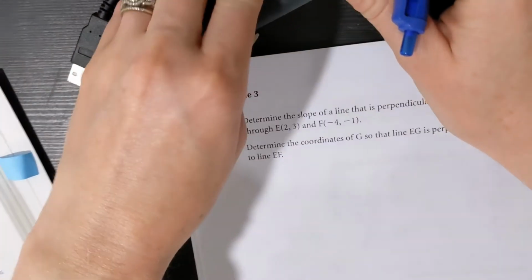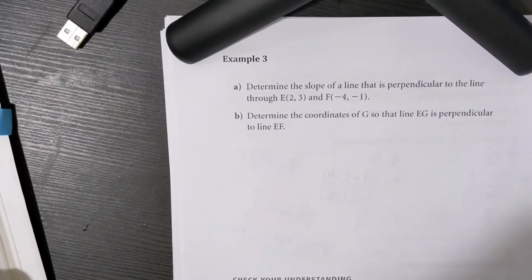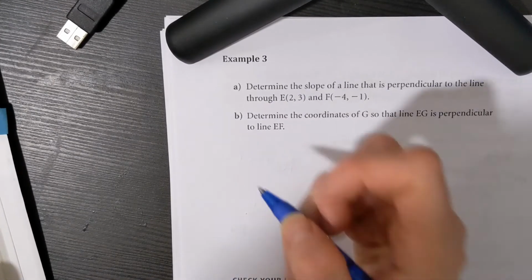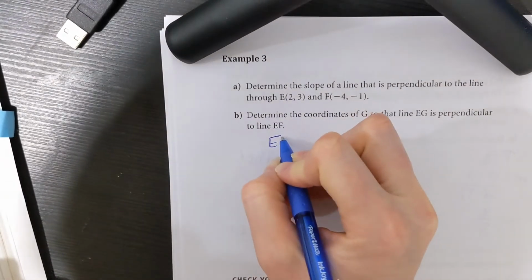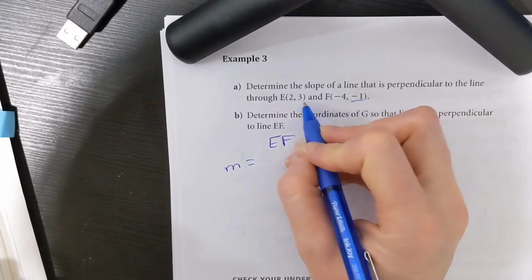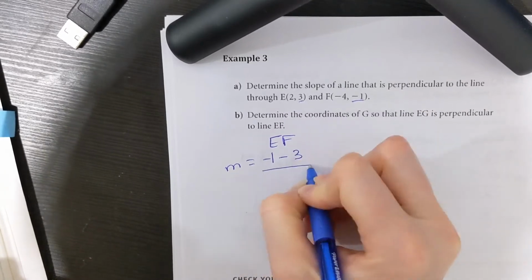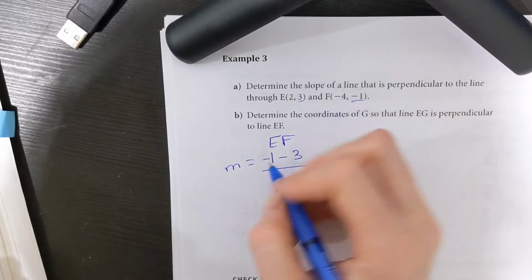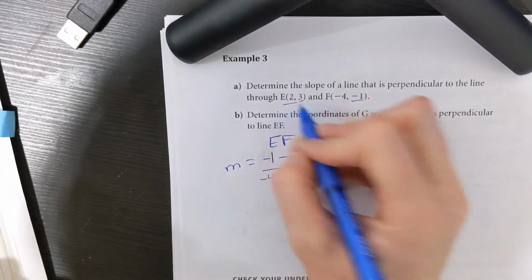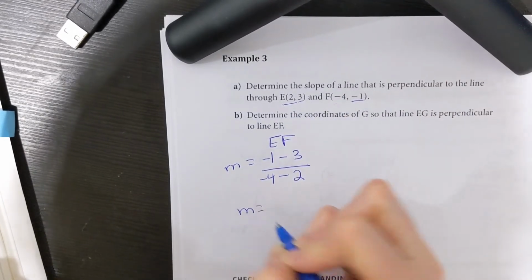Determine the slope of a line that is perpendicular to the line through EF. Okay, so first of all we need to know what the slope is of this line. So m is equal to y2 take away y1, negative 1 take away 3, all over x2 take away x1, negative 4 take away 2.